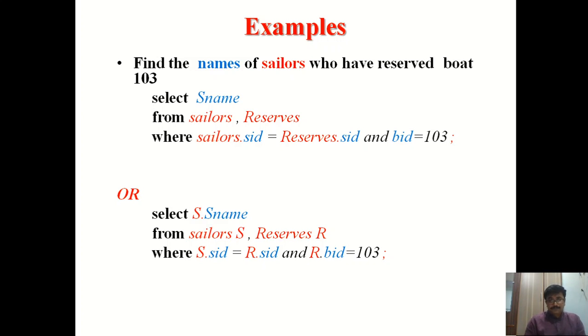Sailors can be referred to by the alias name S, and reserves can be referred to as R. In the select list, S.sname means the sname is from the sailors table. In the where clause, S.sid is equal to R.sid means the SID from the sailors table and the SID from the reserves table, and R.bid is equal to 103 means this BID is from the reserves table.